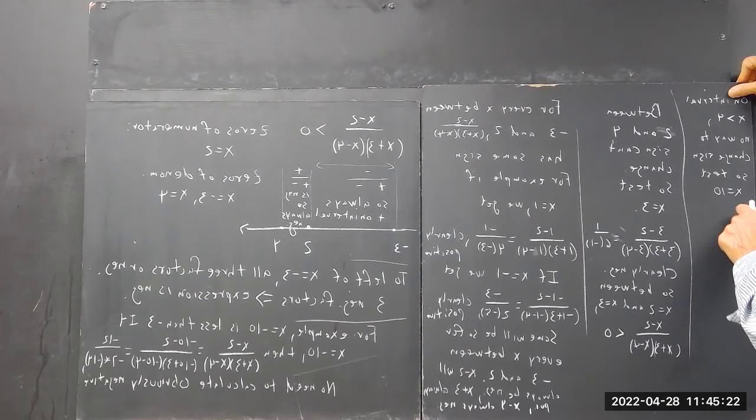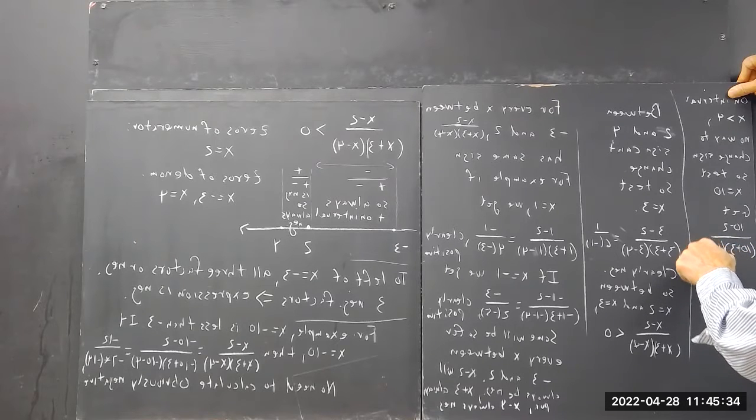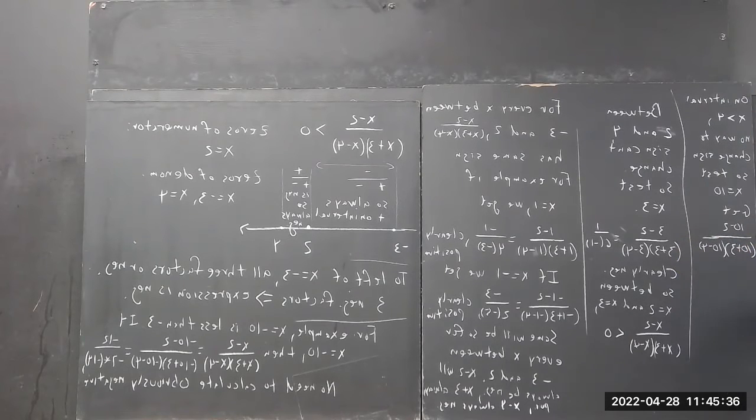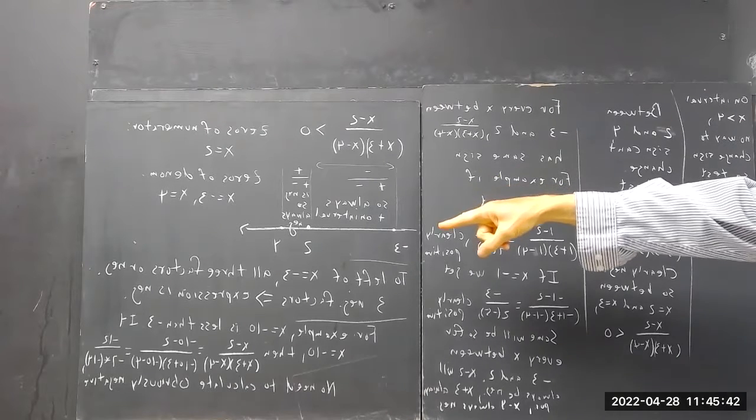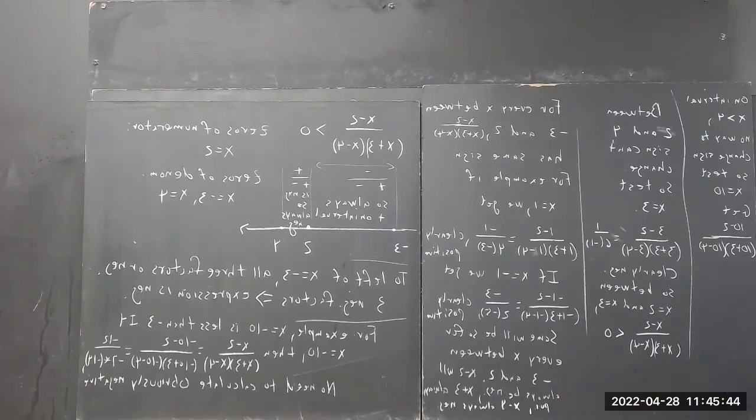10 minus 2 over 10 plus 3 times 10 minus 4. Well, 10 is not $1 trillion, but it's big enough that all these are going to be positive. Anything bigger than 4 is big enough that they're all going to be positive.